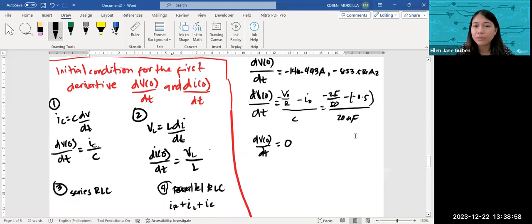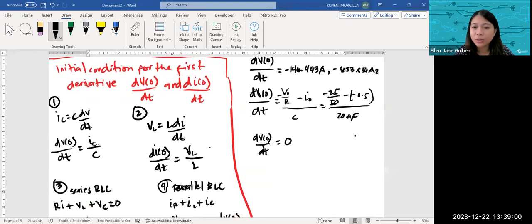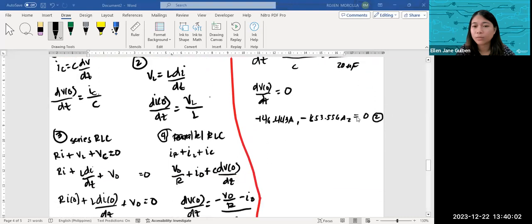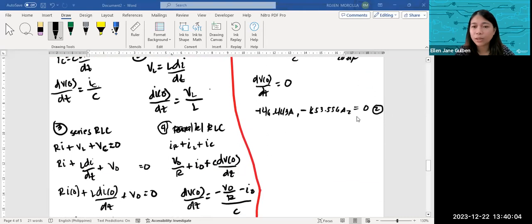So there we have a second equation: negative 146.443 A1 plus 853.5562 A2 equal to 0. That is our second equation. Okay, solving for the two equations, we can just write it like this.